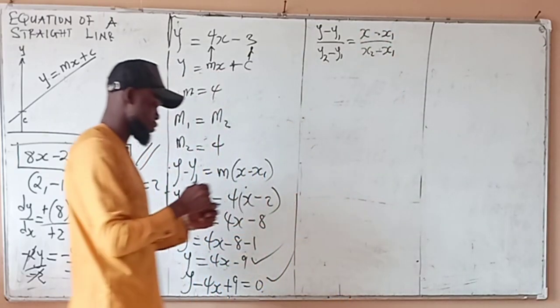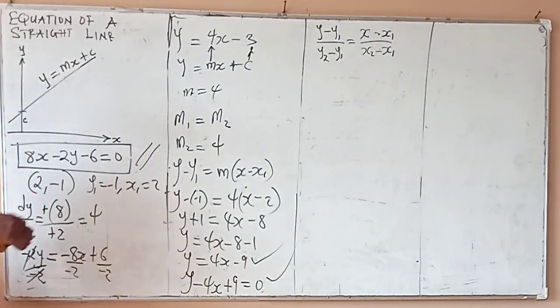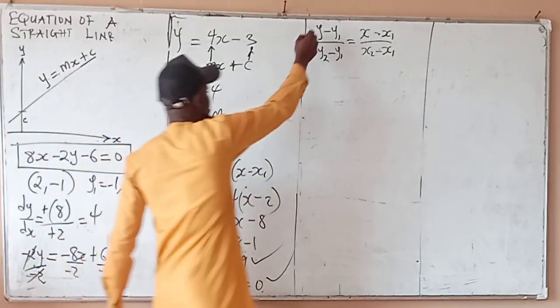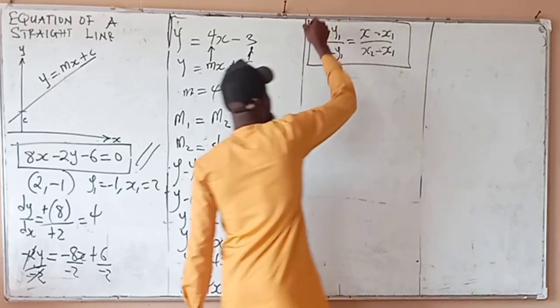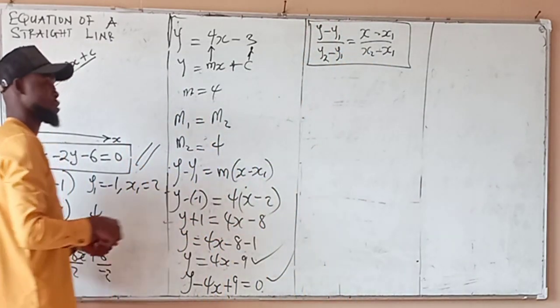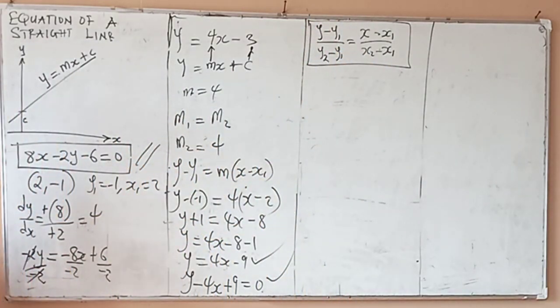So this relation we use to obtain this particular equation of a straight line that passes through two given points, without any known gradient or intercept. Okay, let's do an example.